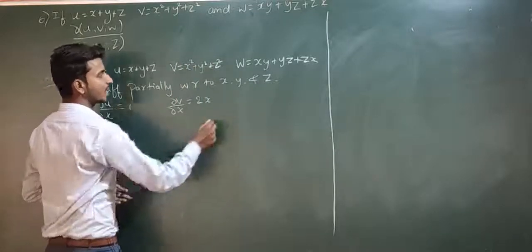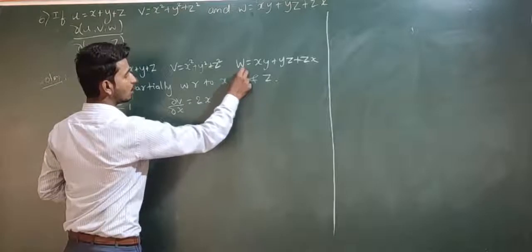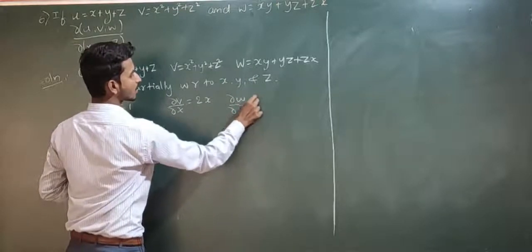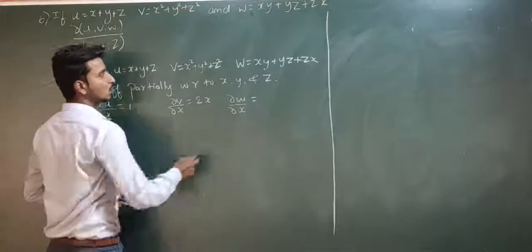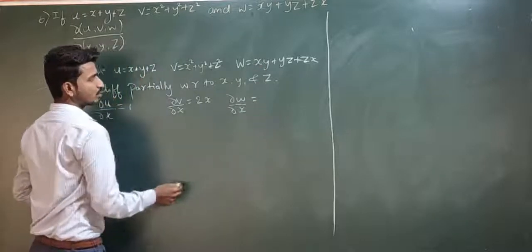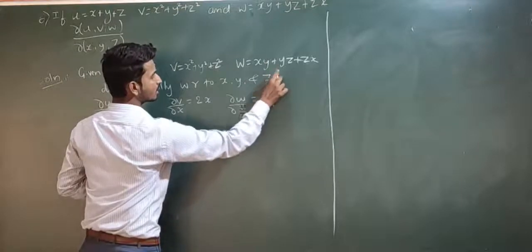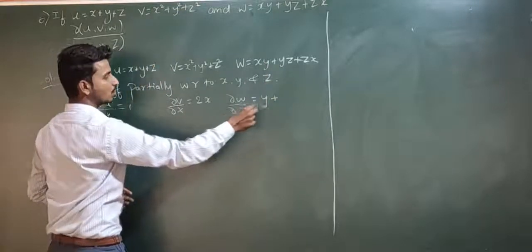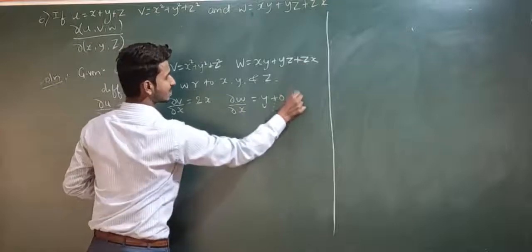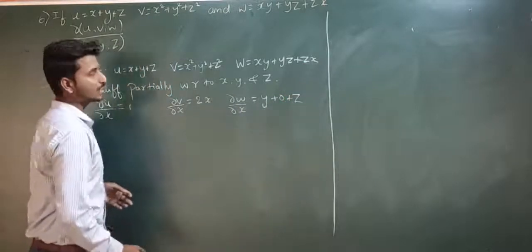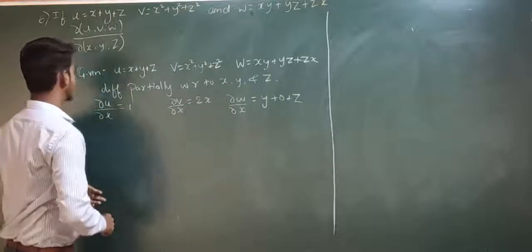Next is w with respect to x, that is dou w by dou x, which is equal to y plus 0 plus z, so it is y plus z.